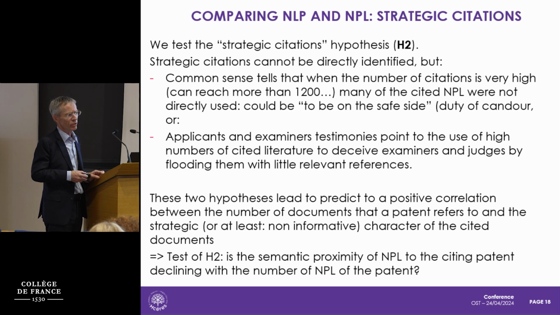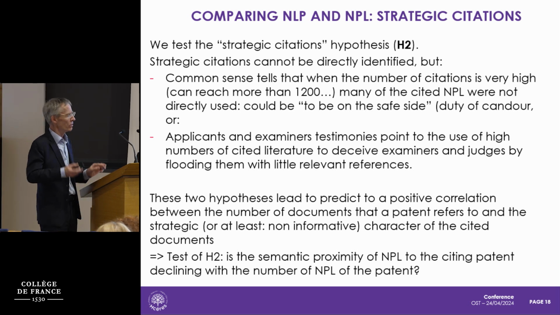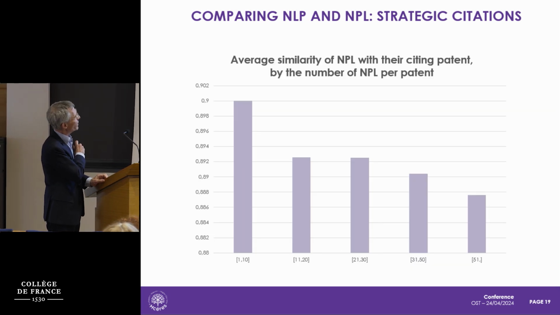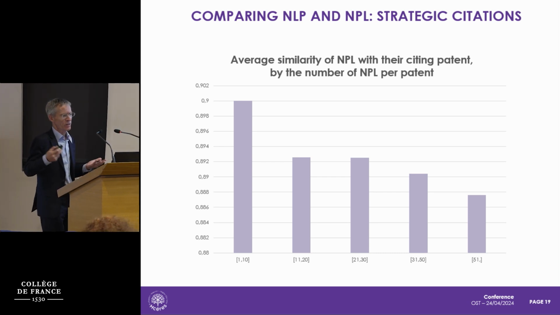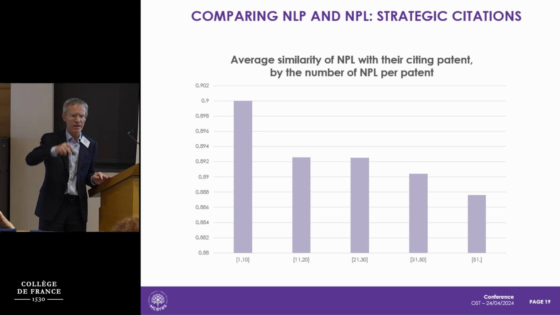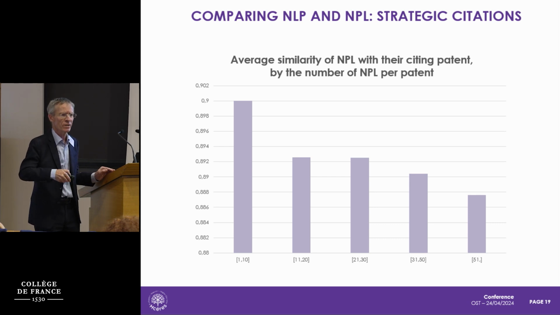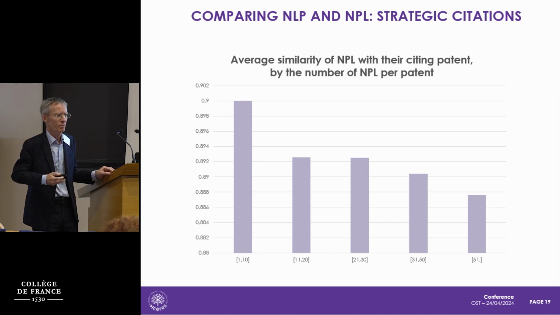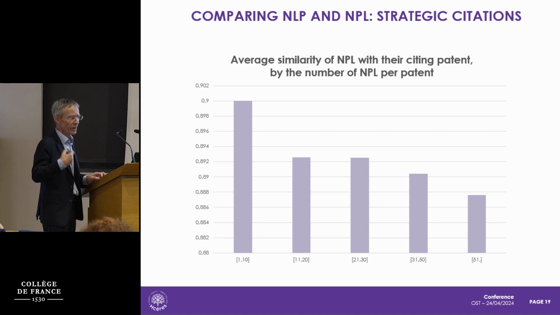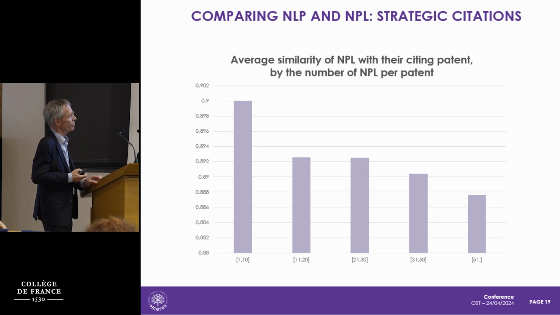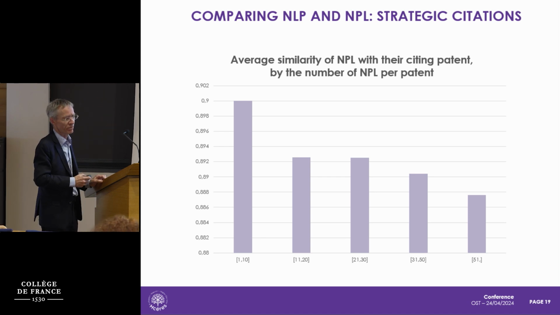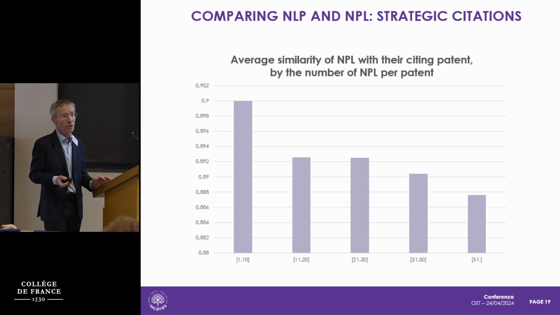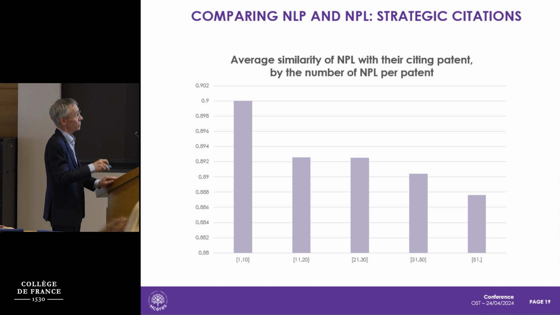So in order to check that, there are various ways of doing it. One way is to look at the average semantic similarity between a patent and its NPLs, controlling for the number of NPLs of a patent. And we see, as expected, and in conformity with this hypothesis of strategic behavior, that the semantic similarity declines with the number of NPL. So the more NPL you have, the further they are from your patent.